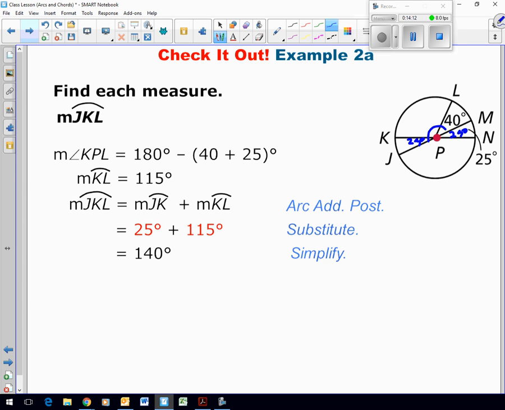How can I find that missing piece? Perfect. Subtract it all from 180, you get 115. Now to figure out how much JKL is, just add 25 and 115. That's how you get 140. Any questions so far? It's been pretty easy, right? Pretty good so far. Okay.